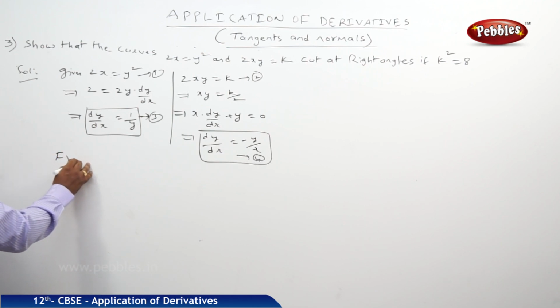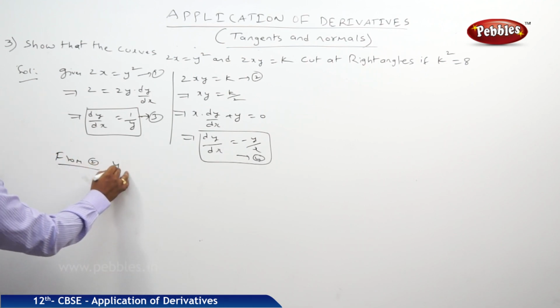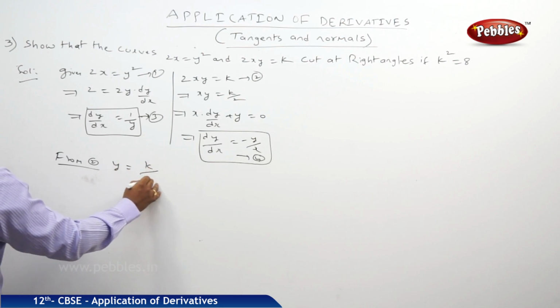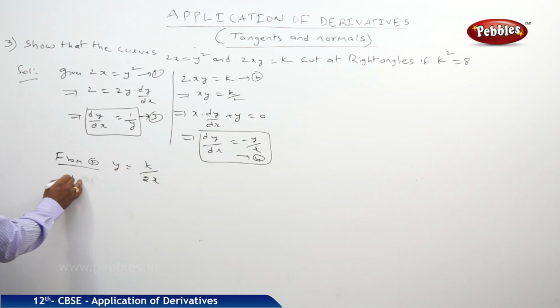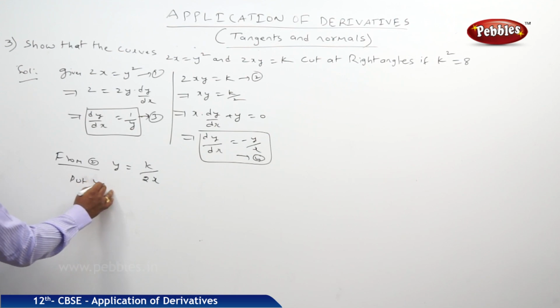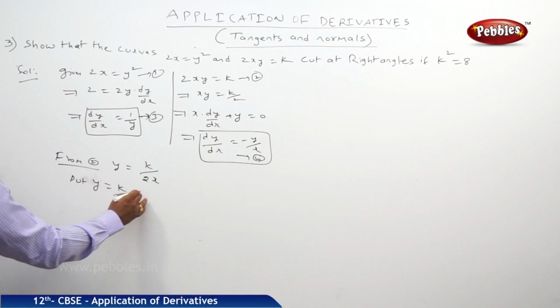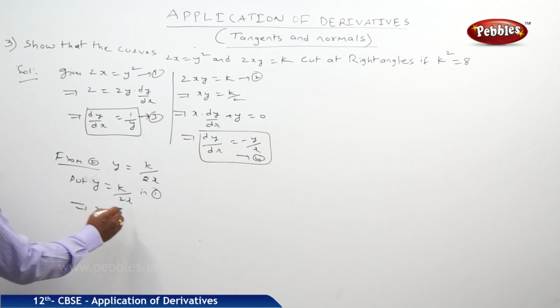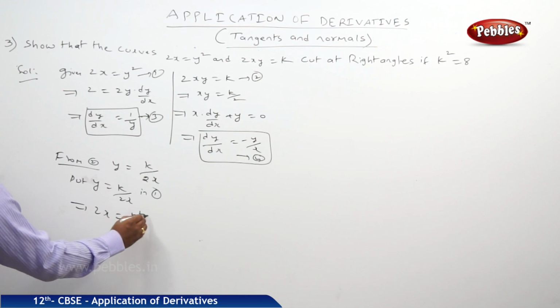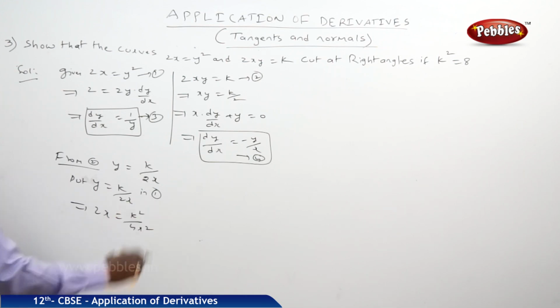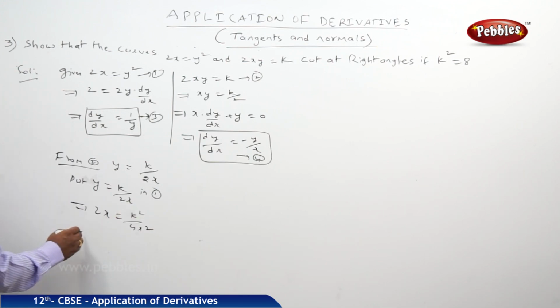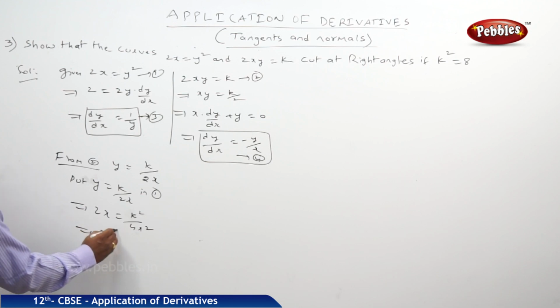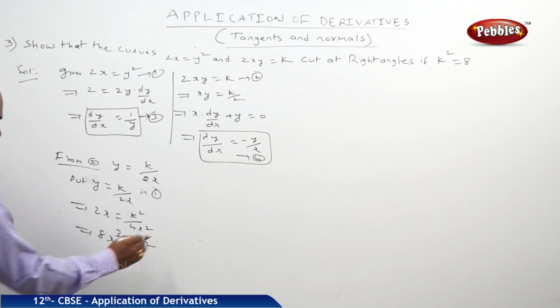So what happens, from 2 y is equal to k by 2x, put y is equal to k by 2x in 1. So what happens if I go like that, 2x is equal to k square by 4x square. That implies 8x cube is equal to k square.